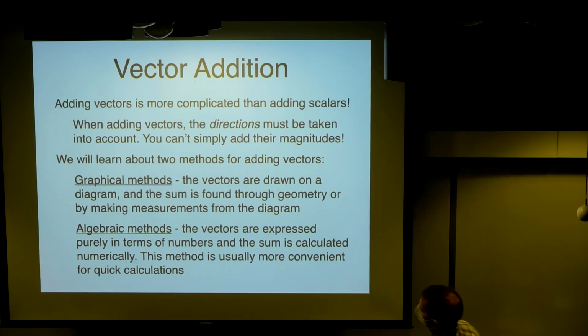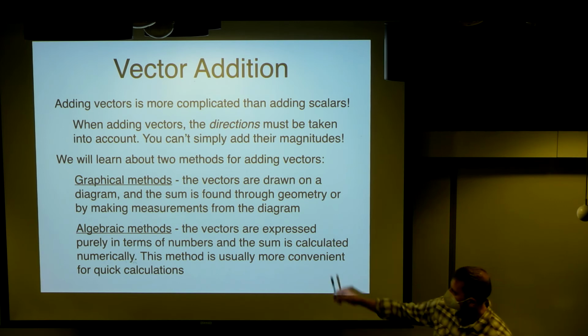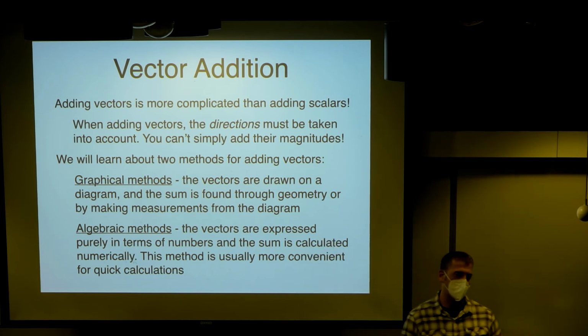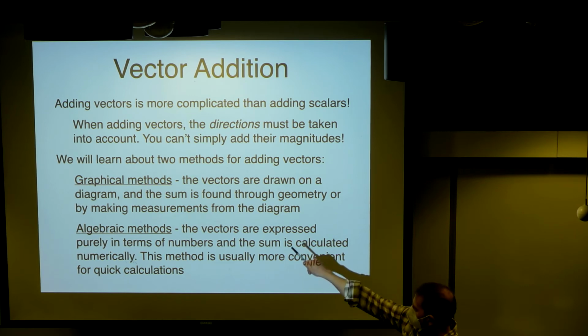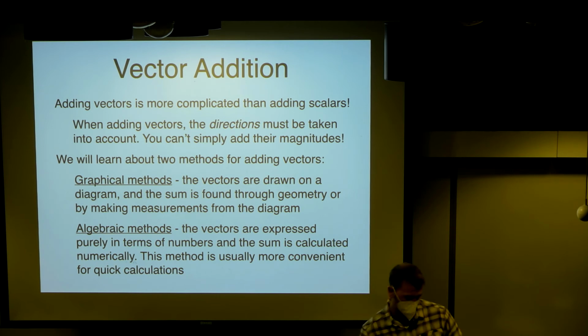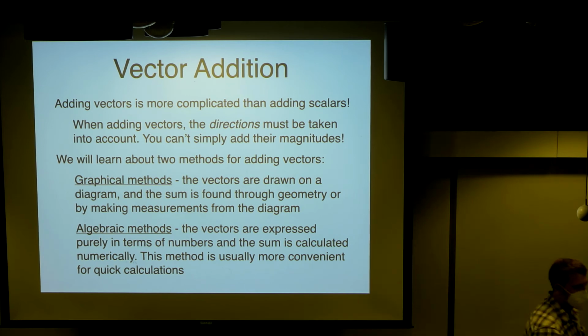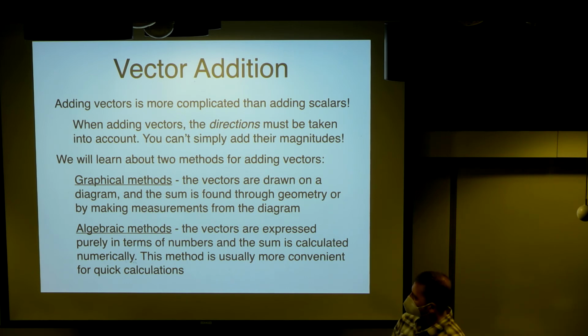So what we're going to do is outline two basic methods for adding vectors. And the first one we'll cover today, the second one more on Thursday. Okay? So the first method we'll learn about is a graphical method. So what we do when we take the graphical approach to adding vectors is we draw all the vectors that we are adding together onto a diagram, and we have to make this drawing pretty carefully.